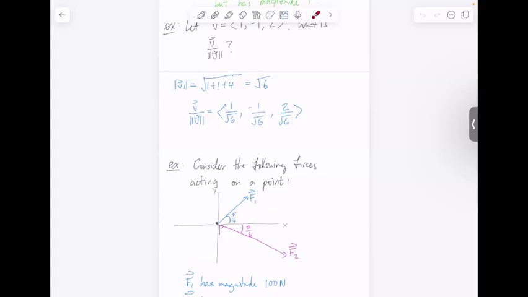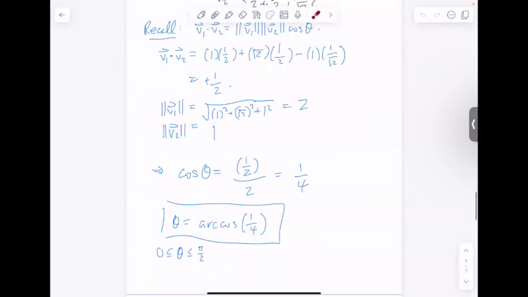But the other way to write this is, if I cared about the component of F1 in the x direction, and I had the expression of F1 in component form, I just take the dot product of F1 with the vector (1, 0), and that gets me the component of F1 in the x direction. So let me write that down.